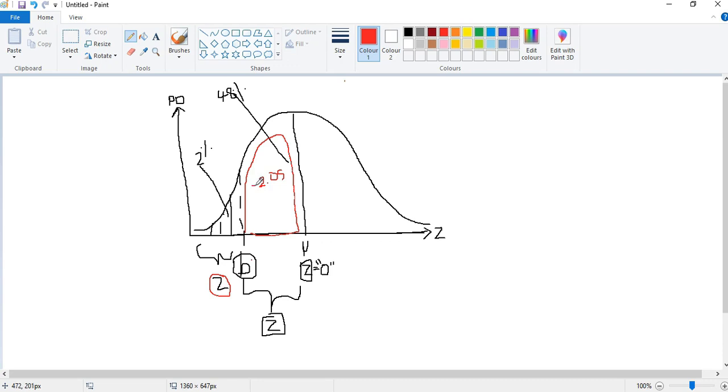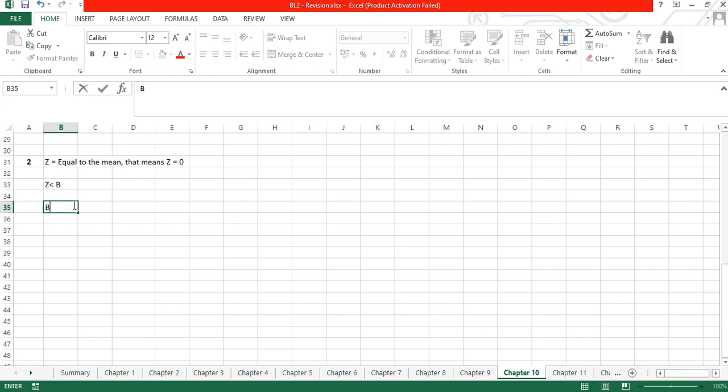If we come minus 2.05 this side, at this point our value will be 2 percent. Because this side is 48 percent under the value of z of minus 2.05. If the z value is minus 2.05 in this area, that only will make this side 2 percent. Therefore, B will be equal to minus 2.05.